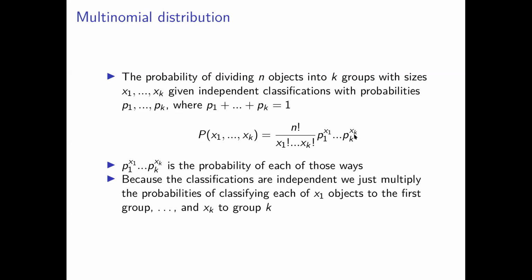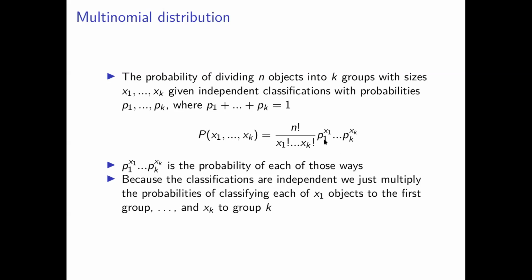And this is the expression for any collection of sizes of the groups. So you've got the number of ways of dividing up the n objects into groups of those sizes. And then you have the probability for each of those ways of dividing them up.